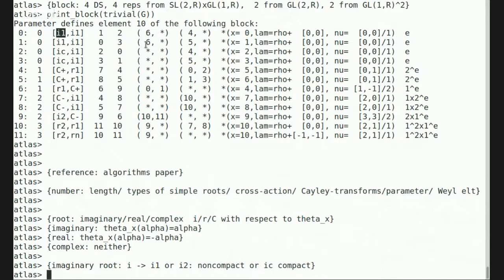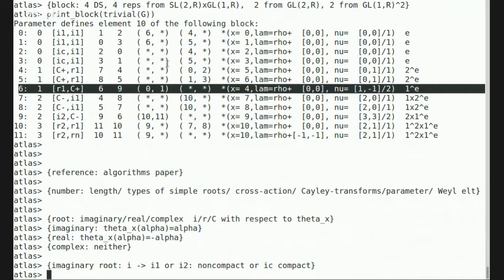What this says is that there's a way to construct a new representation from this by doing a Cayley transform, which takes you to a different Cartan, from Cartan number 0, the compact Cartan, up to the Cartan with parameter 6 on it. That's this one right here. A Cayley transform can be single or double valued, and in this case, it's single valued.